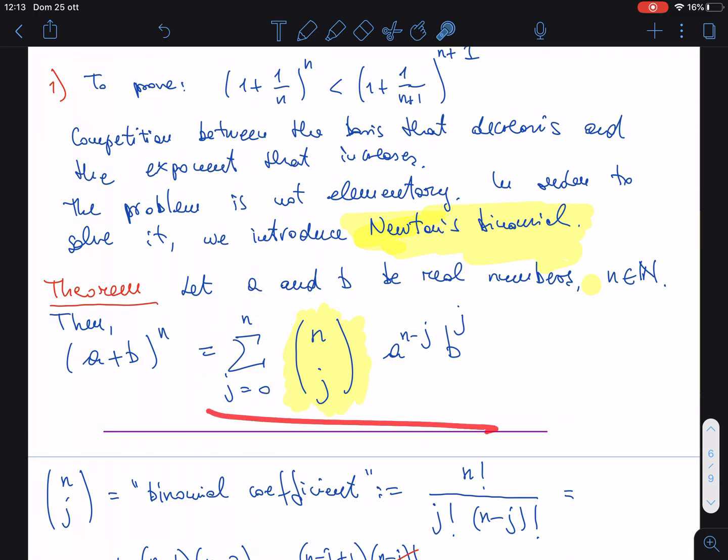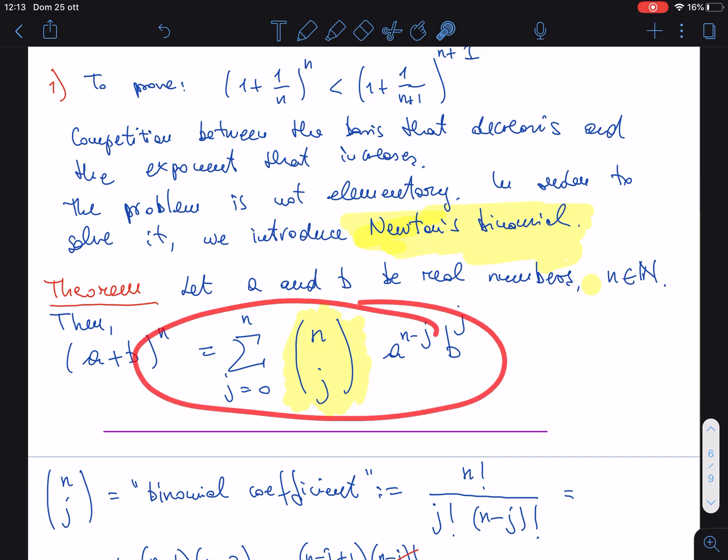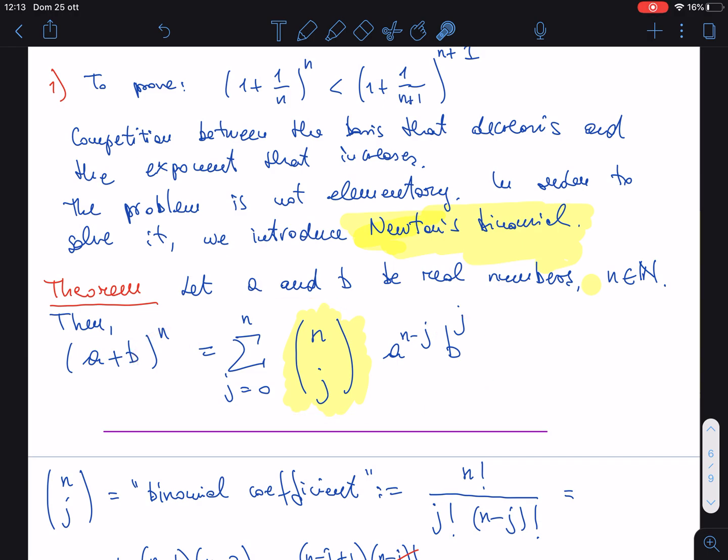However, it is just a sum. Here you have a power, which is much worse. So you can develop the power of a binomial into a sum of things, and this will be very convenient. There are many ways to prove this theorem, but we will choose one.